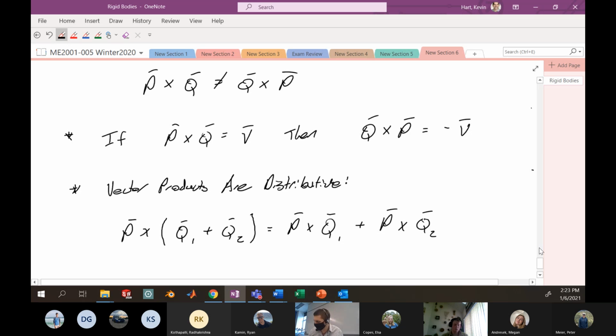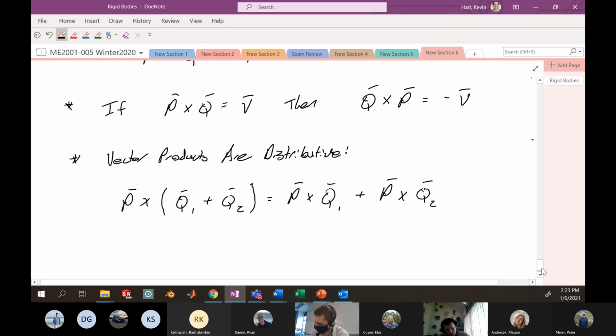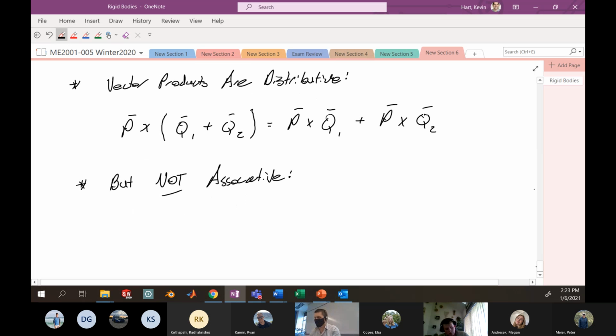However, they are not associative. And that's because of some of the directionality that occurs when you actually execute these cross products. So what do I mean by that?